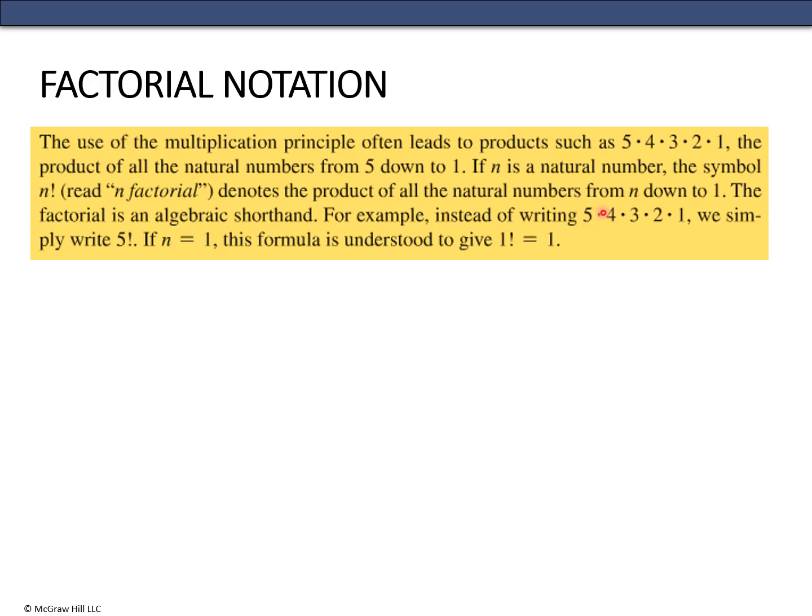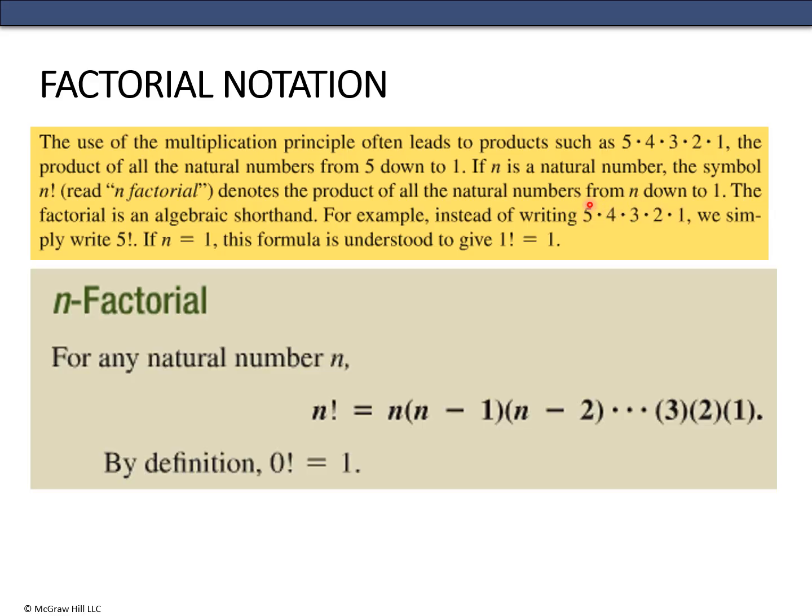Whereas 4 factorial would be 4 times 3 times 2 times 1. Okay? So again, this is kind of the definition. N factorial equals n times n minus 1 times n minus 2, etc., until you get down to the last possible digits, which are 3, 2, 1. Notice by definition we also include 0 factorial as 1.